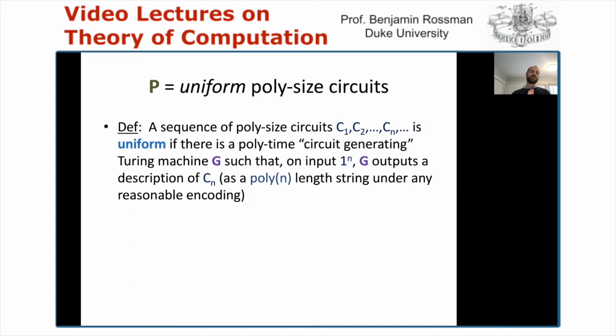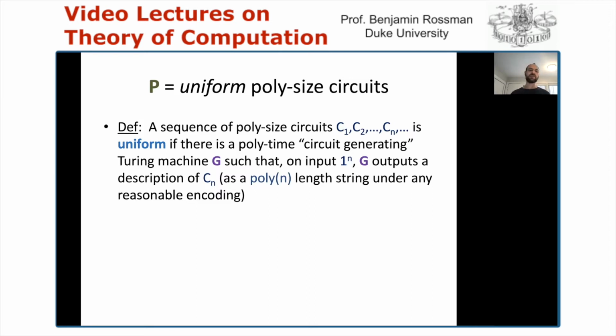Good. So we can also characterize the class P, so polytime languages, in terms of circuits. And this is via the notion of uniform circuits. So here's the definition.